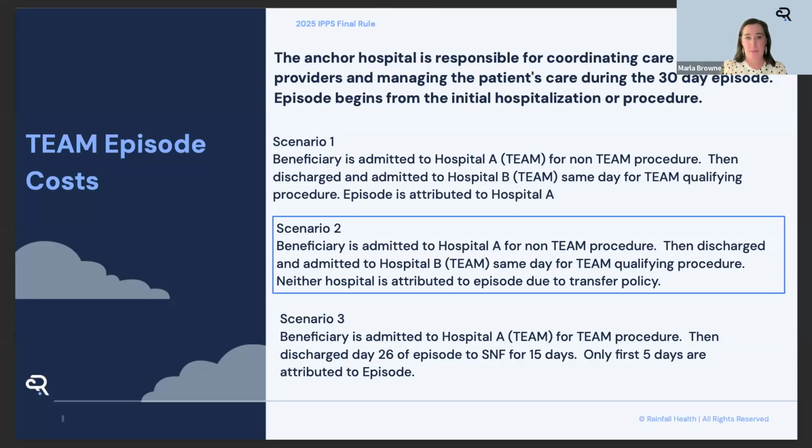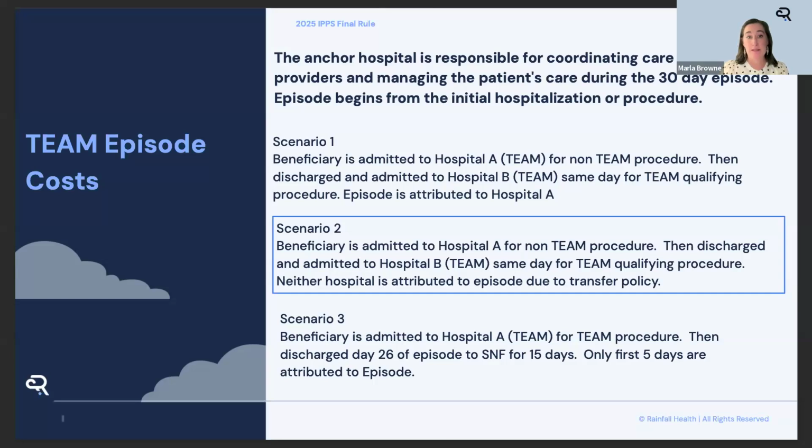All right, let's look at one final example when we have services involved. So there may be some instances, obviously, where a service included in the episode begins during the episode, but concludes after the end of the episode, and for which Medicare makes a single payment under an existing payment system. So for example, we have a beneficiary in an episode who is admitted to a skilled nursing facility for 15 days.